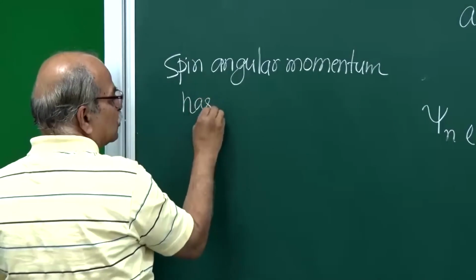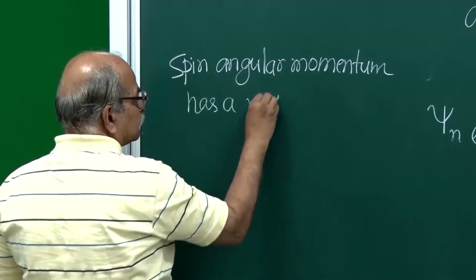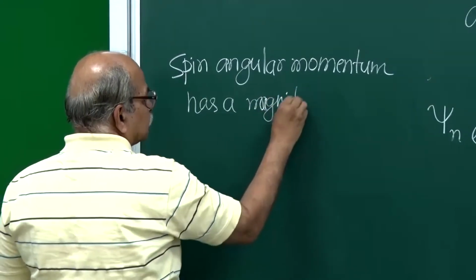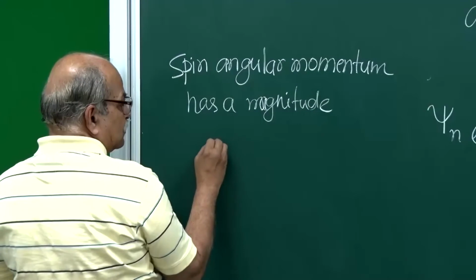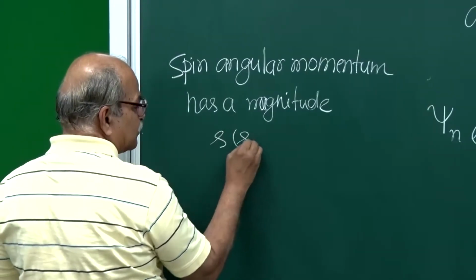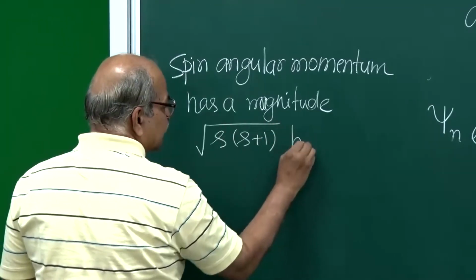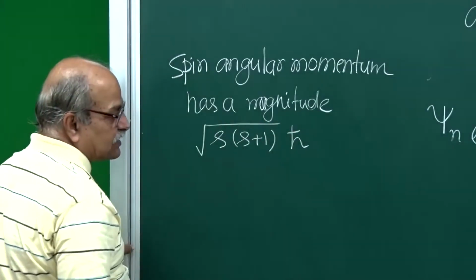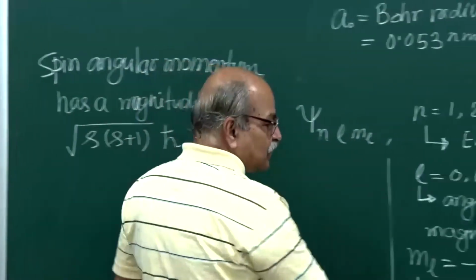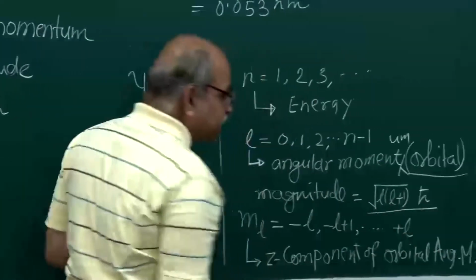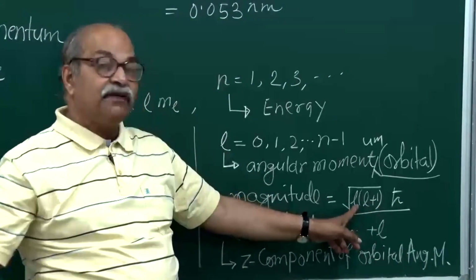has a magnitude which is square root of s into s plus 1 times h cross. This is that magnitude. For orbital angular momentum, the magnitude is square root of L into L plus 1 times h cross, and this L can take values.